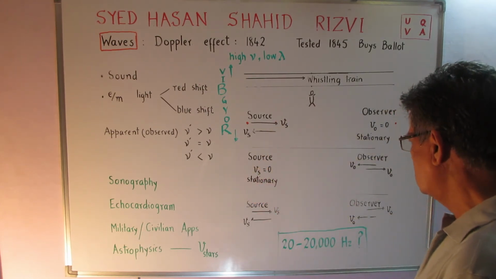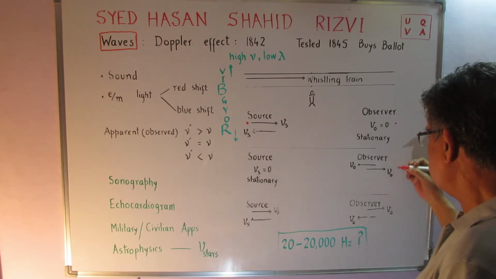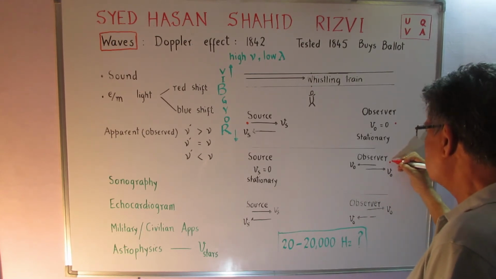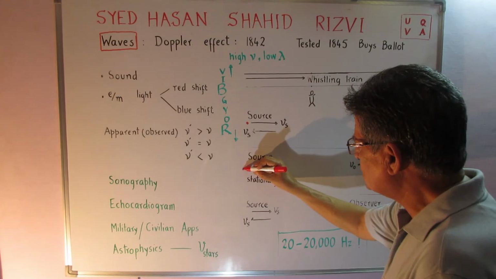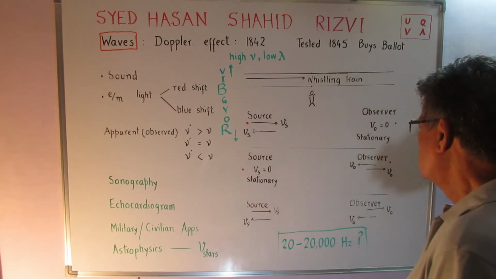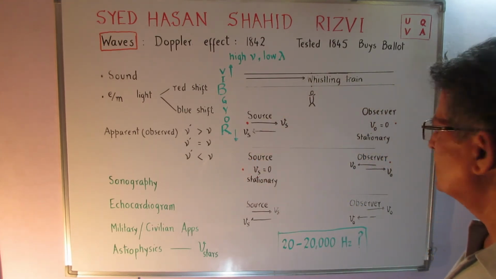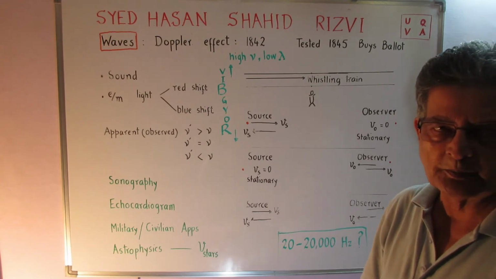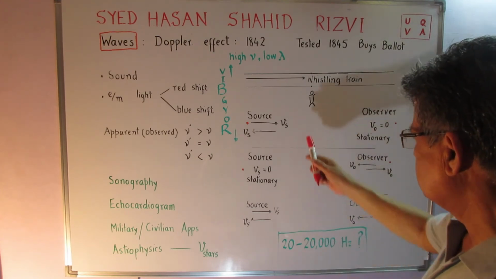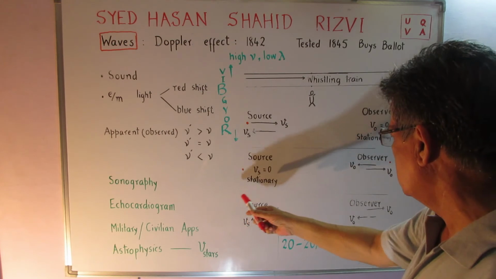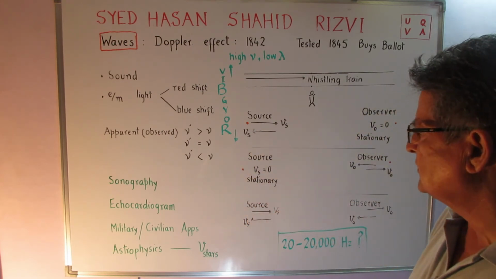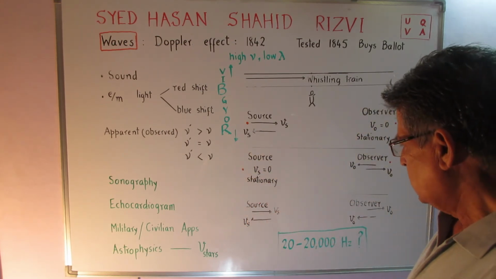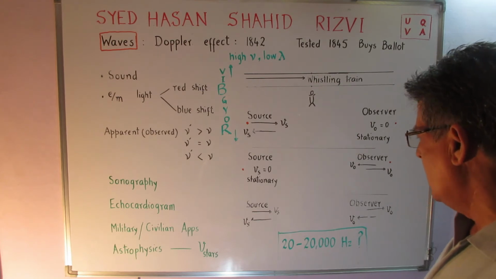It's not moving at all. But the observer is moving towards the source, or it is moving away from the source. So these are two separate sets of mathematical treatment that's desired. In the third case, both are active.